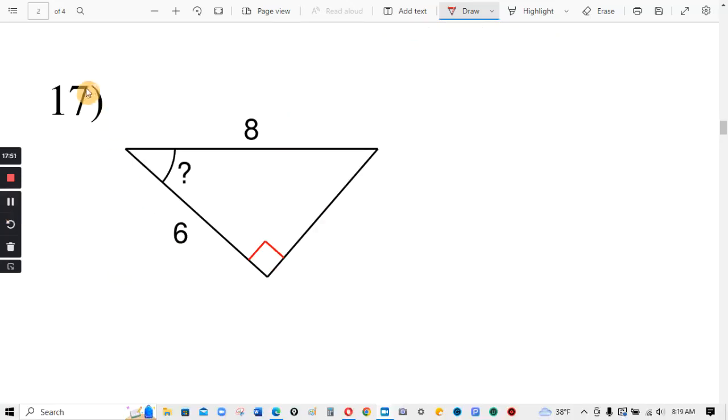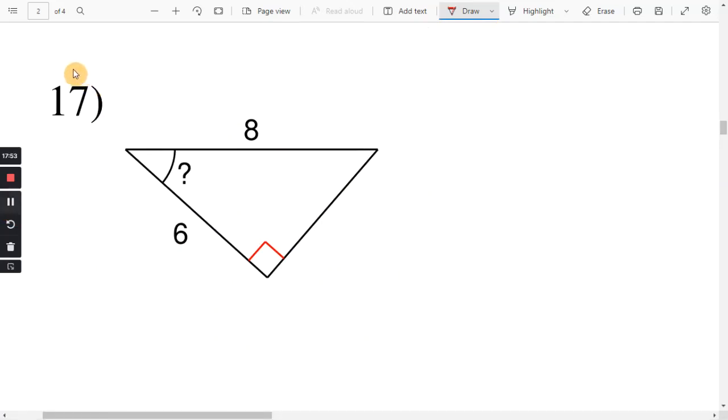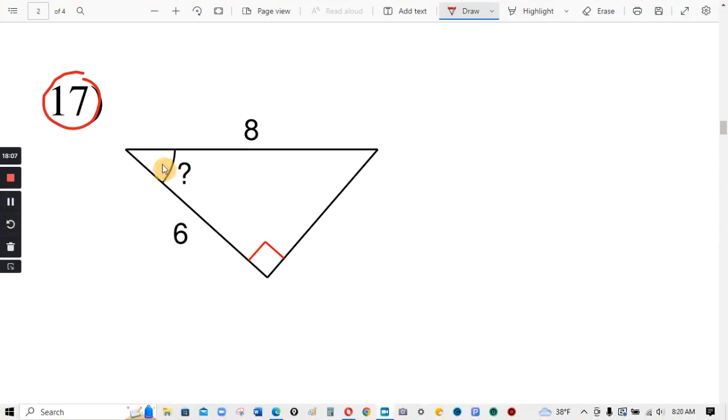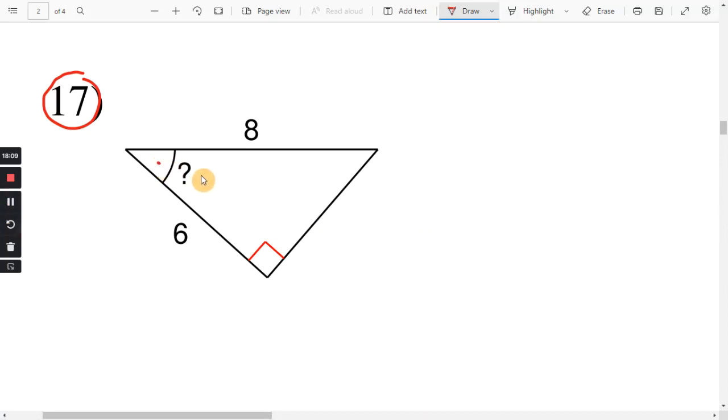Okay, please pause and try number 17. Again, start by labeling the sides, and again, I'll give you a hint. In this case, you're going to be using the inverse cosine function. All right, look at the angle that's being referenced here. You go across from that angle. That side is your opposite. Go across from your right angle to the side, and that side is your hypotenuse.